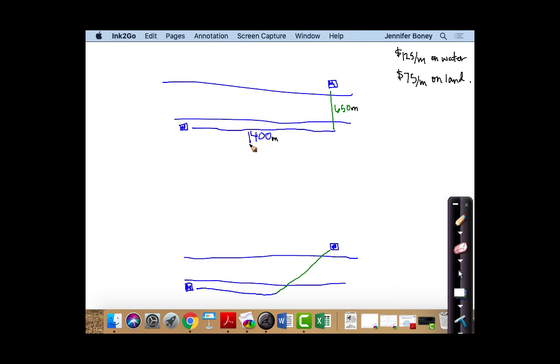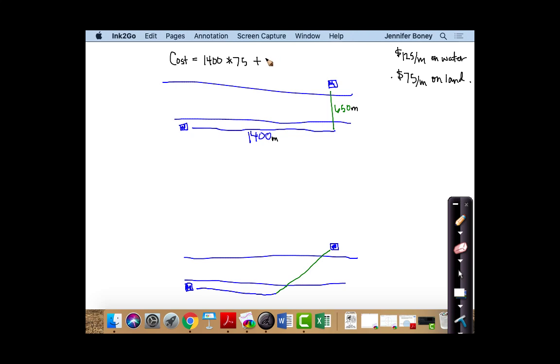So if I was doing it this easy way, where I know the two lengths that I'd be using, the cost would be, well, let's see, it's 1,400 meters along land at $75 per meter. And then a separate section, 650 meters underwater. I drew it, looks like part of it's on land, but just 650 meters underwater at $125 a meter.